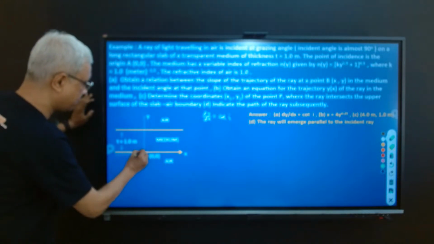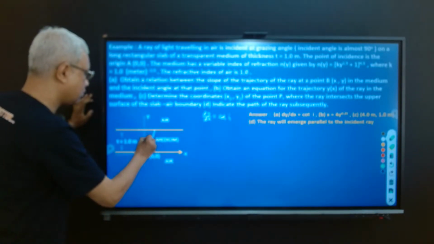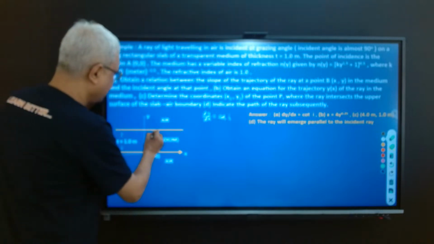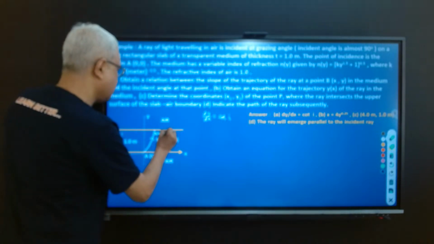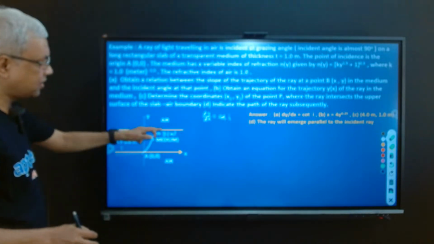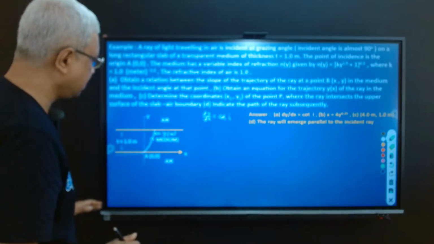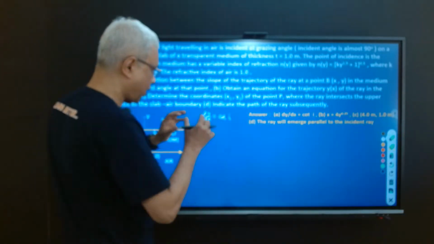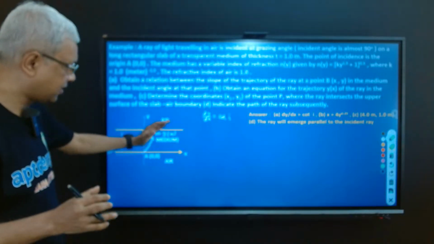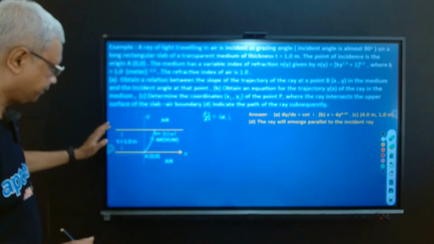So we have seen that the path bends like this. This curve is represented as y(x), y as a function of x. Now, what is this expression of y, or how does y depend on x? That expression you have to find out.